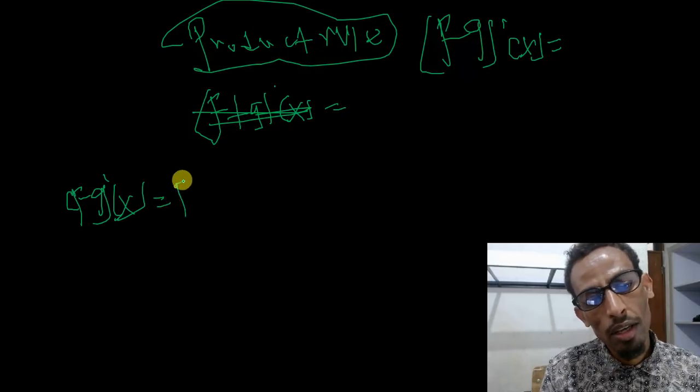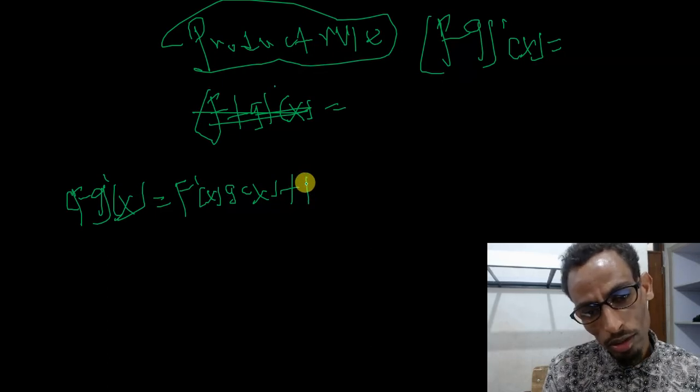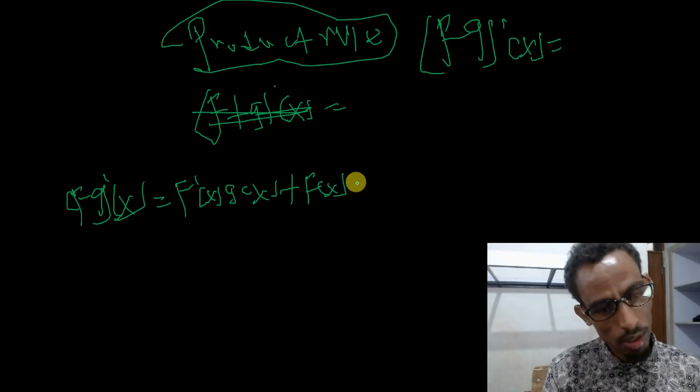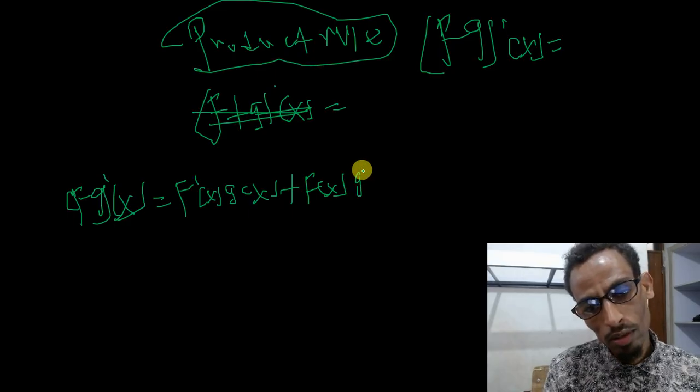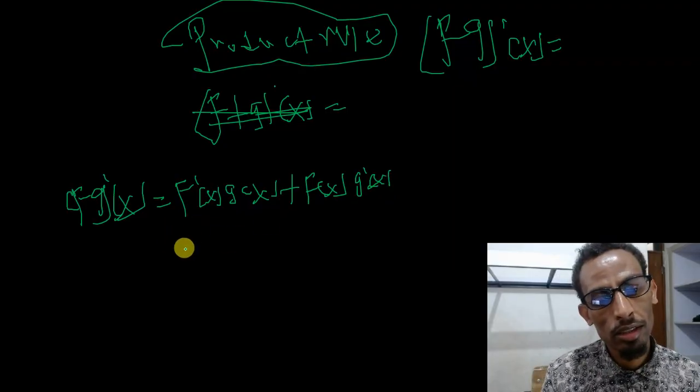That means f derivative at x times g of x as it is, plus we take f of x as it is, times g derivative at x. The product rule is always given like this.